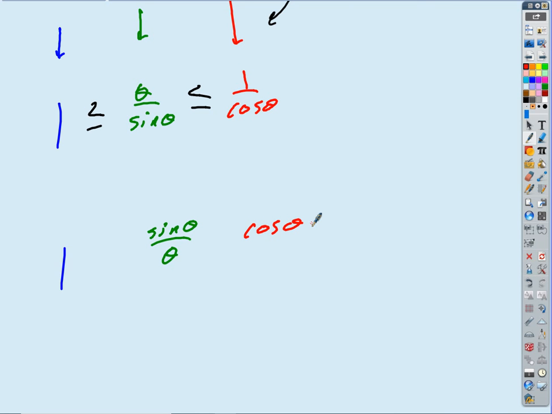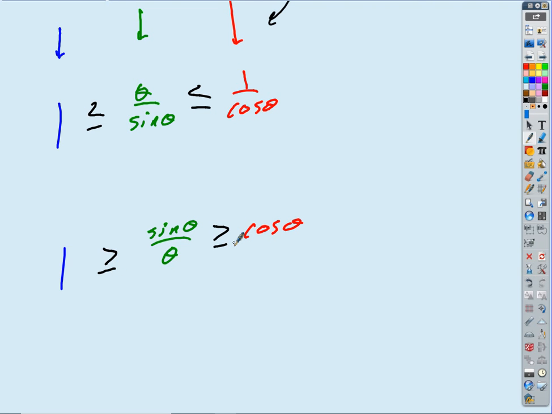A large number has a small reciprocal, right? If I had the numbers 2, 3, and 4, when I take the reciprocals, 1/2, 1/3, 1/4, now the 1/4 becomes the smallest, and the 1/2 becomes the biggest, right? So I'm going to have to flip the directions of those inequalities. That's a property of inequalities, right?